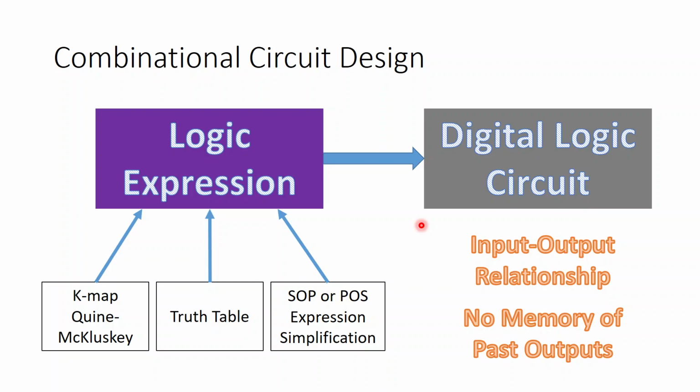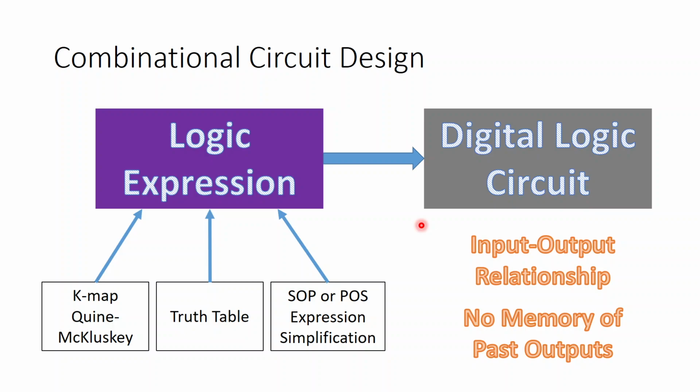So that input will get converted to some output through the digital logic circuit, and it will not depend on any prior states of the logic gate outputs. Okay. So if that is the case, then we say that we have a combinational circuit design. So it simply depends on the present input signals, not anything else. So keep that in mind. When we come to sequential circuit design, you will understand the difference in a better way when we look into what the sequential circuit design problem is.